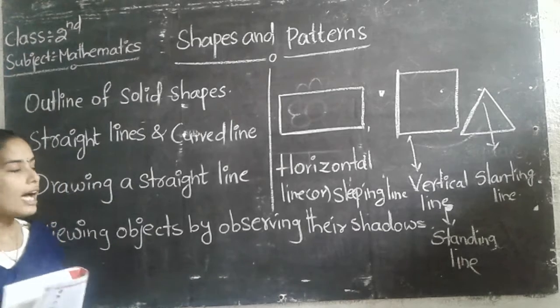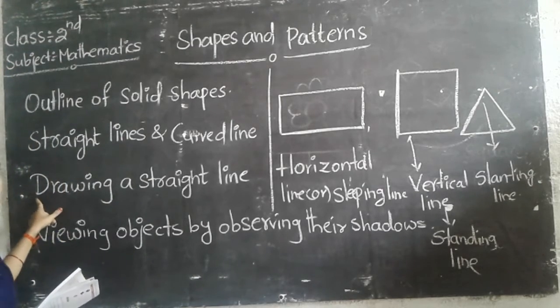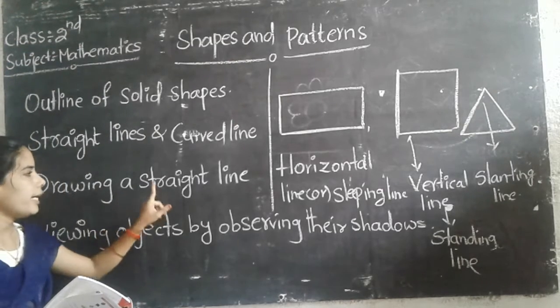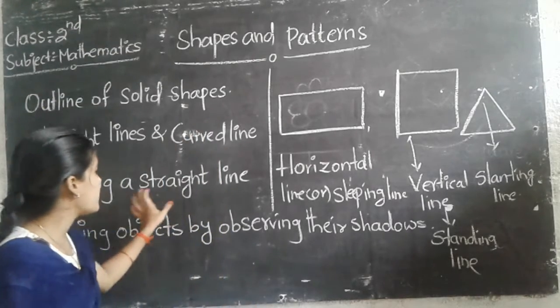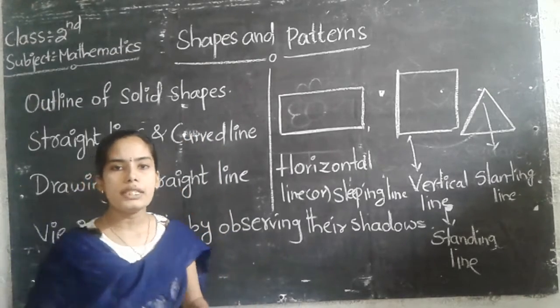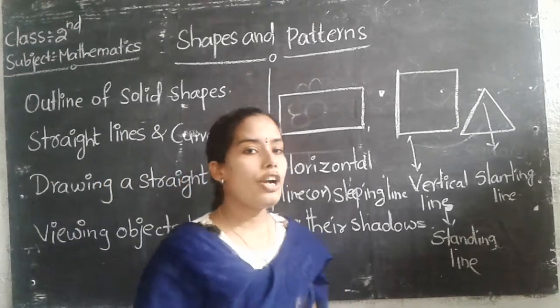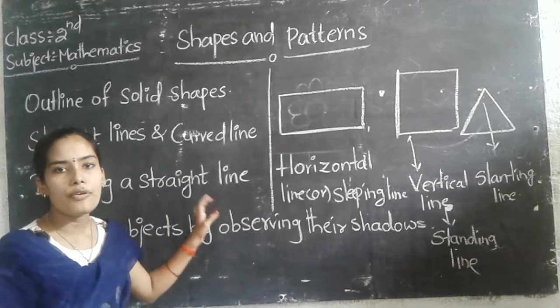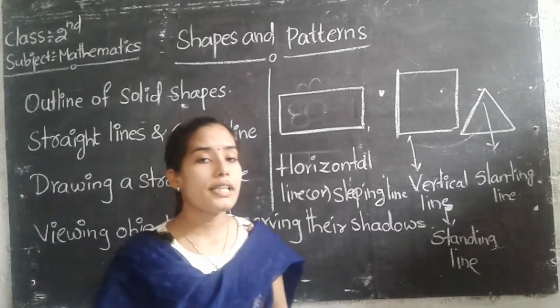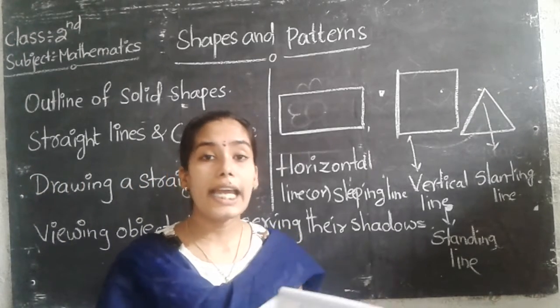The third one, drawing a straight line. What do we have to use for the straight line? Yes, to draw the straight lines, we have to use the ruler. What is the meaning of ruler? Scale.